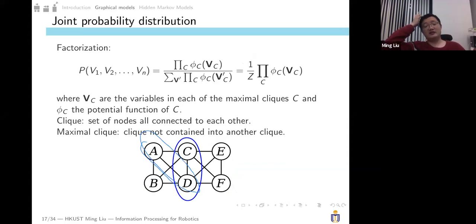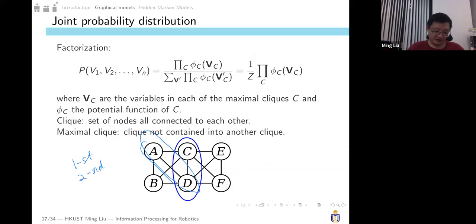These directions typically we can ignore. This is the so-called first order or second order neighborhood in image processing.